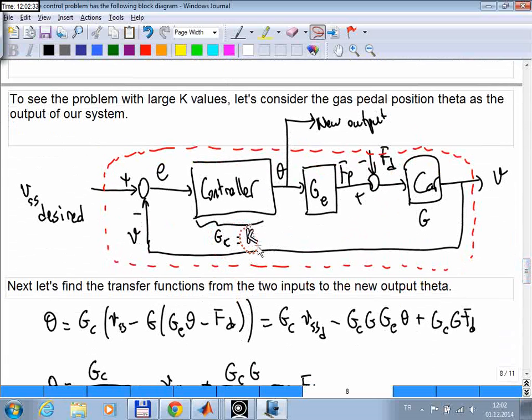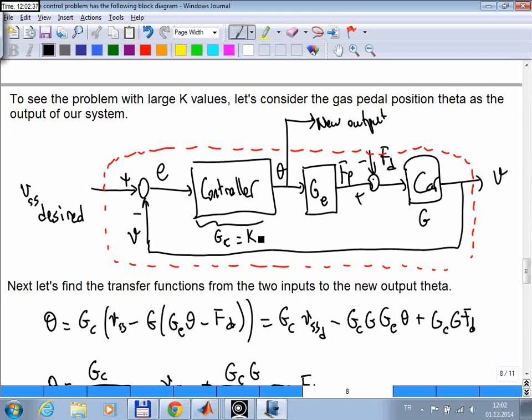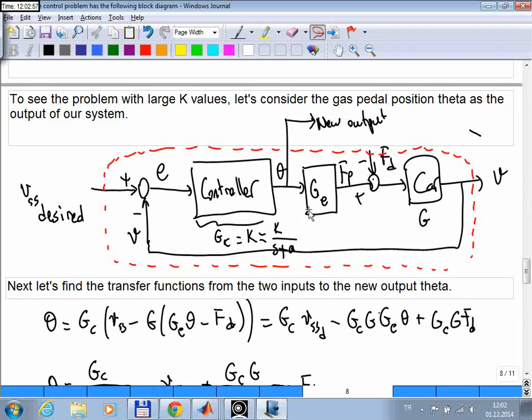Instead of making a constant number, if you choose something dynamic, something like a function of s, you can do better than that. Choosing this part, deciding what controller to use, is the job of a controls engineer.